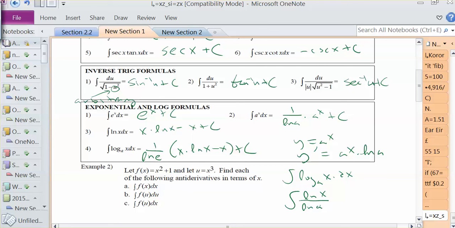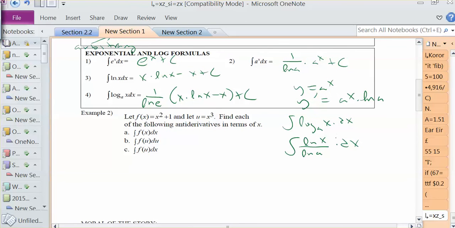That's using the change of base formula. And because ln a is a constant, like we pulled out, and we know what the antiderivative of natural log of x is, now we know it's just x times ln x minus x and then plus c.